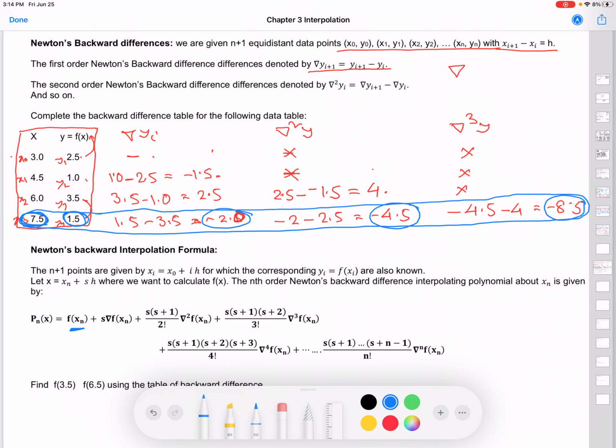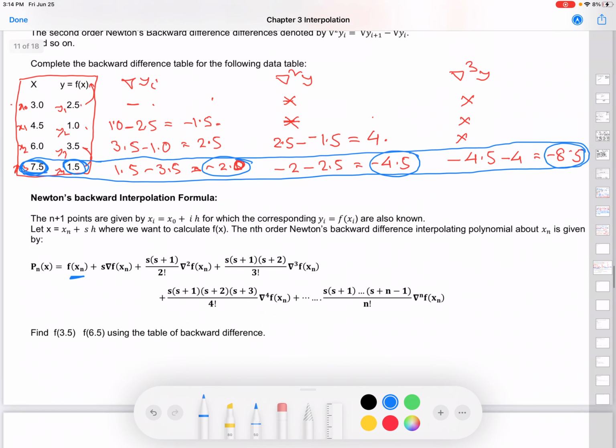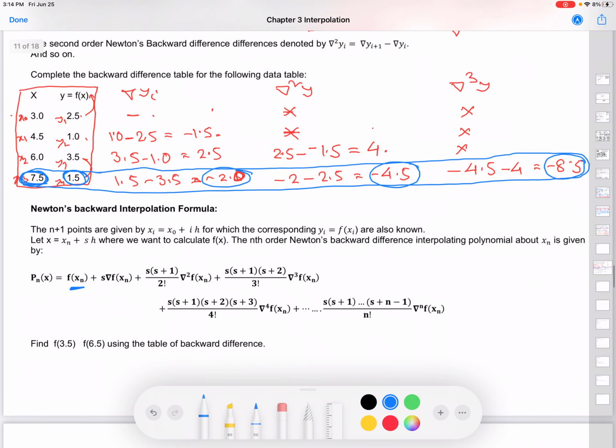Right now we are going to use this table to calculate the values of f of 3.5 and f of 6.5. In the previous one we calculated 3.5, so we are going to calculate on this one. And again, at any point you will write x using the last point.